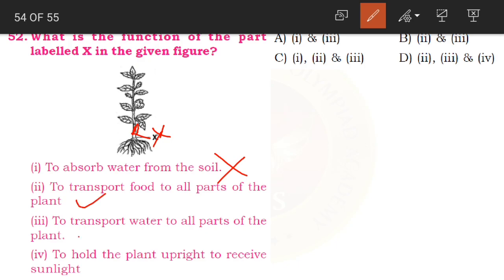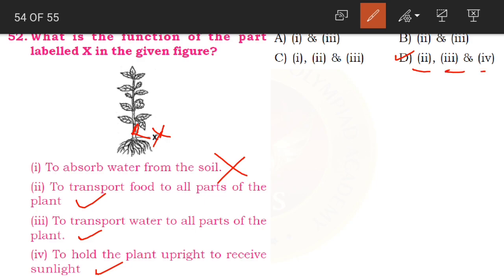And to transport water to all parts of the plant, this is also done by the stem. And to hold the plant upright to receive sunlight, yes, it holds the plant straight above the ground level. So the other options are also correct. That is why our answer is D option, which covers the second, third and fourth options.